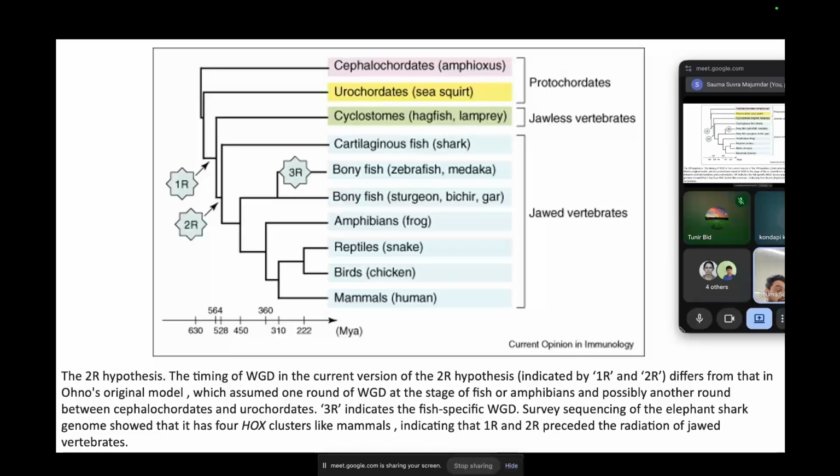That Hox gene region is conserved between us and elephant sharks, which tells you that the jawed differentiation happened after the duplication event, because if the duplication event had happened after the jawed differentiation had occurred, then we would not see these Hox similarities between us and elephant sharks.